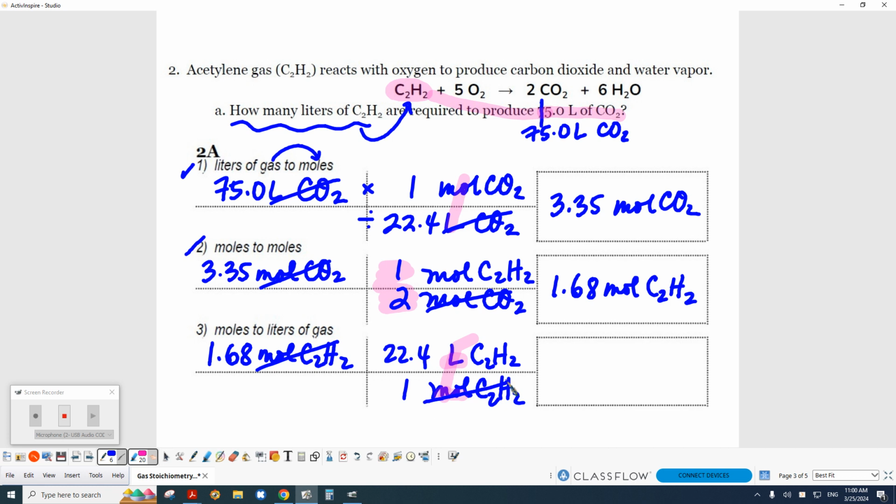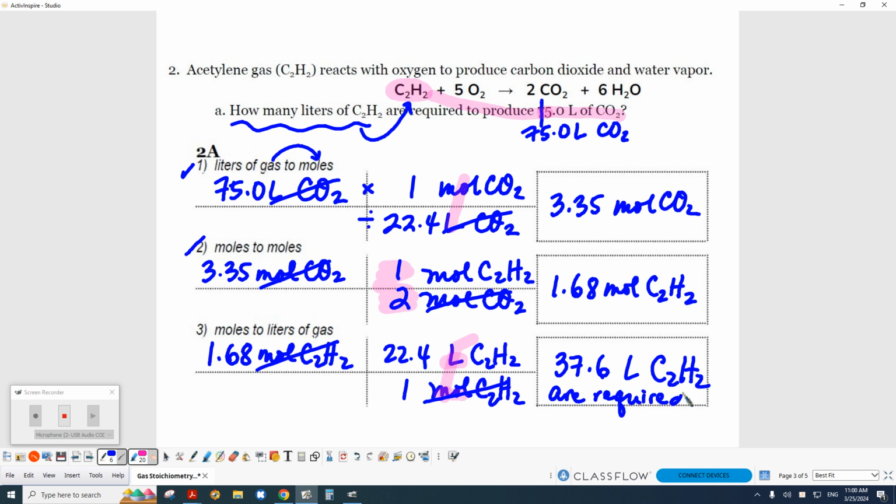And so therefore, this is going to be liters of C2H2. And if you use your calculator, multiply by the top and divide by the bottom, the final answer is 37.6, but more importantly, liters of C2H2 are required.